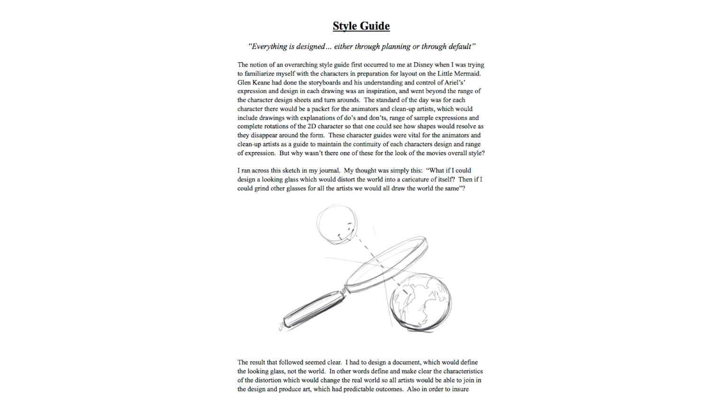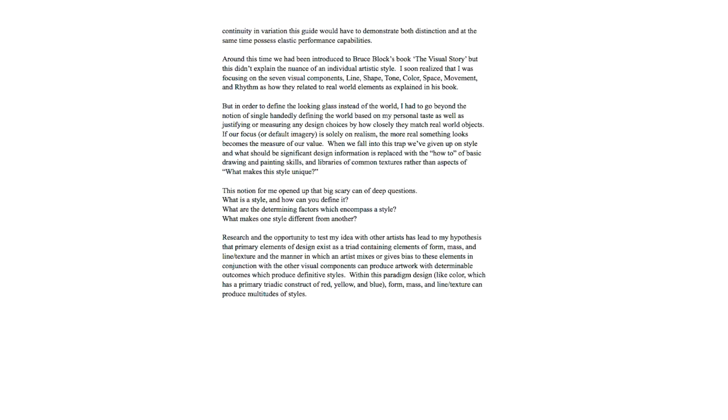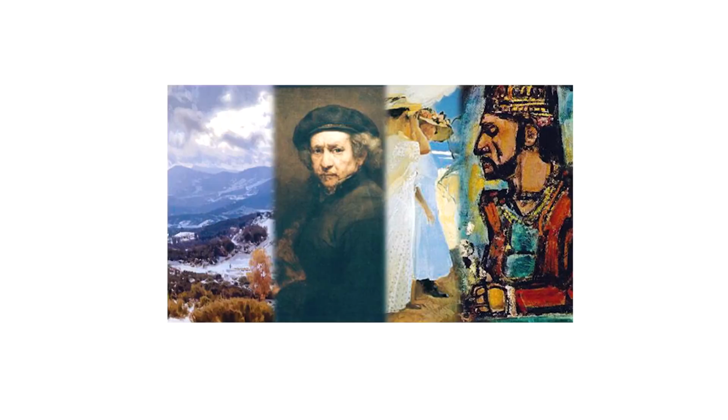So by breaking these components down, you can create a specific style or look based on how you break down these manners of making your marks. This is how you can create different styles. Here are four different style paintings that have all different modes of design in them.